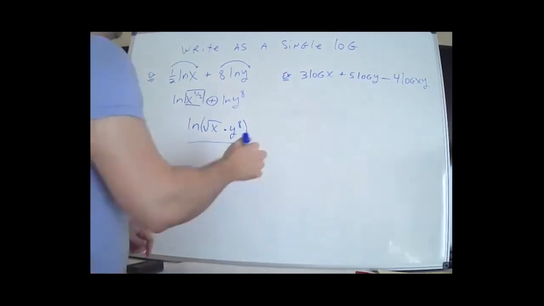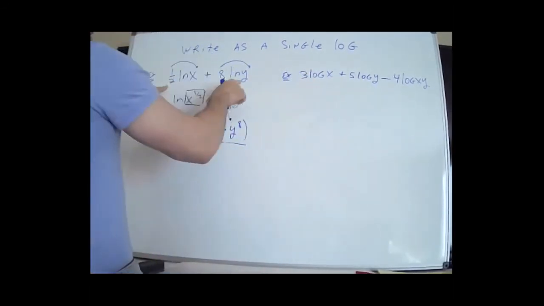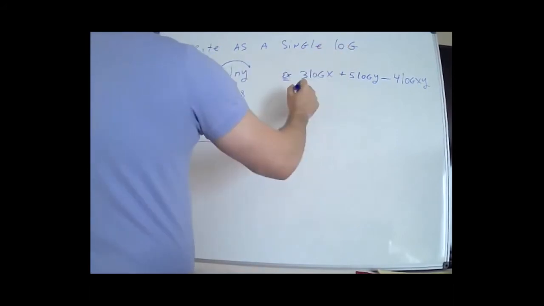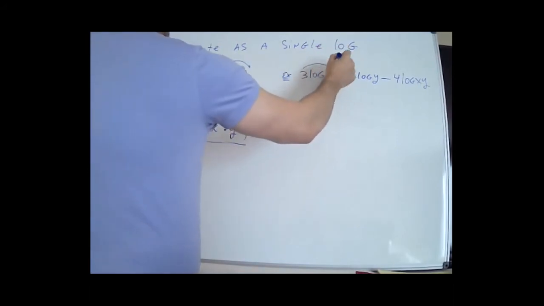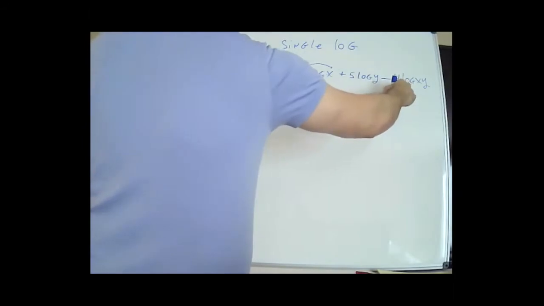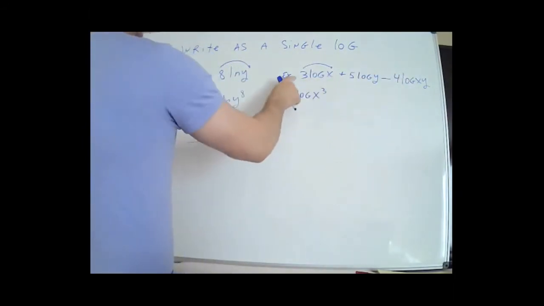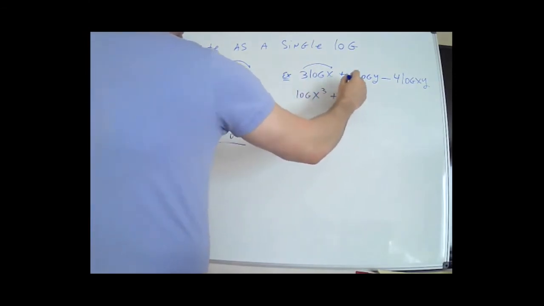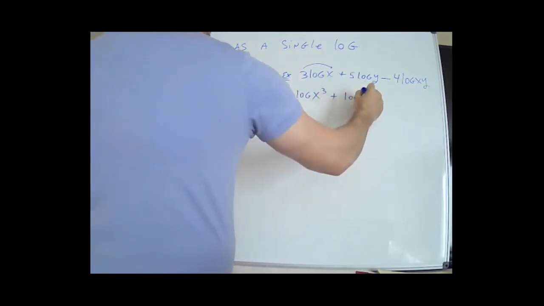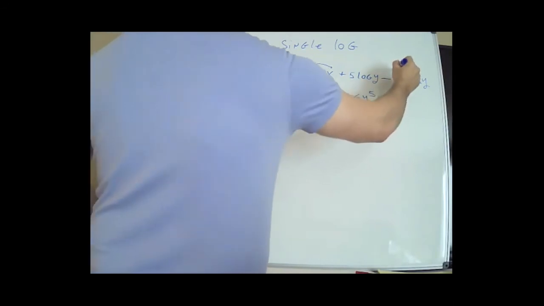Now I'm going to do the second one. I'm going to do the same first step. I'm going to move all the powers to the top. So the 3 is going to go up there, the 5 is going to go there. And now you've got to be careful with the 4. So log x^3: the 3 just goes on top of the x. The 5 hits the y. Now here you have to be careful.